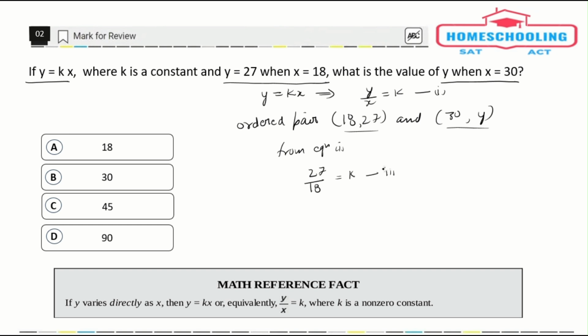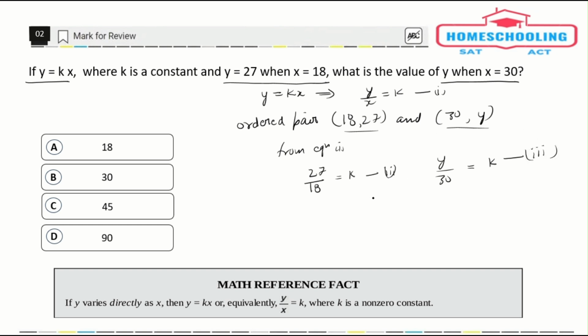Let's take this as equation number 2. And similarly for this pair, y by 30 is equal to k. If we put 30 and y, the value here in equation 1. So we will take this one as equation 3.